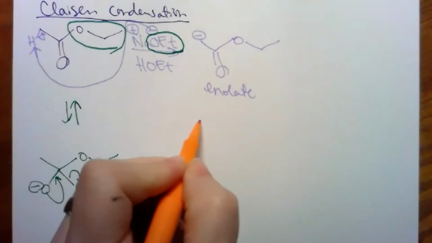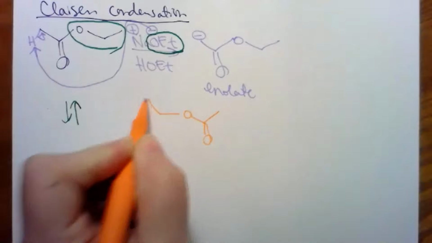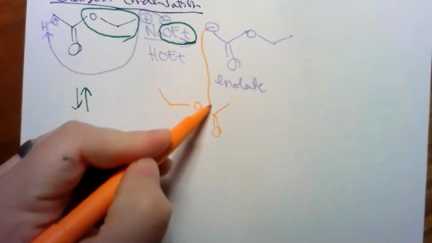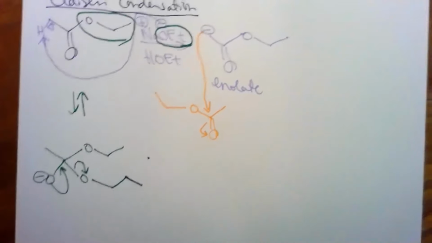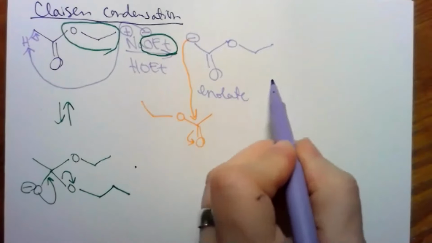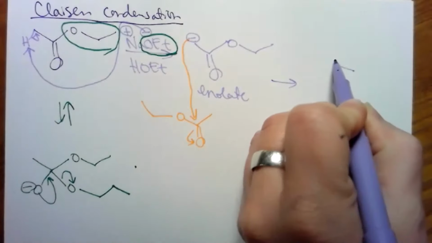Claisen is very similar to aldol in that after you make an enolate, you attack the carbonyl carbon of another ester that's in solution. There's lots of ethyl ester in solution that has not turned into enolate.